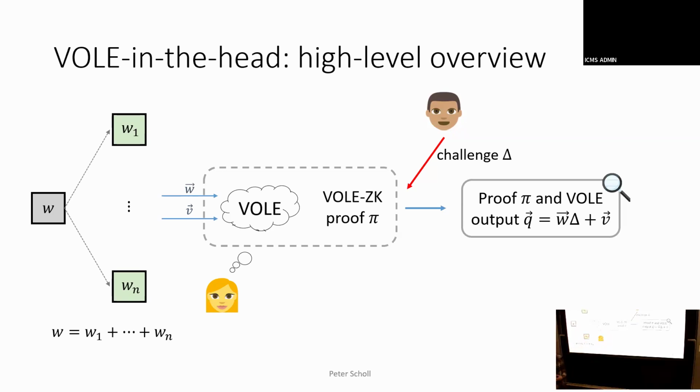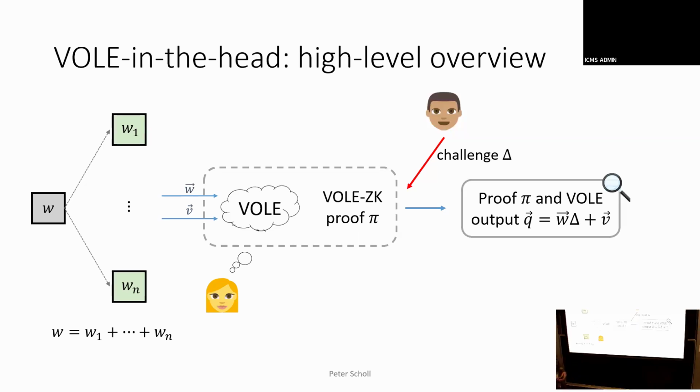So we're not exactly going to be using a VOLE functionality. We're using a kind of public variant where now this challenge delta from Bob may be leaked to the prover. So we have to be careful how we do this to make sure it works.